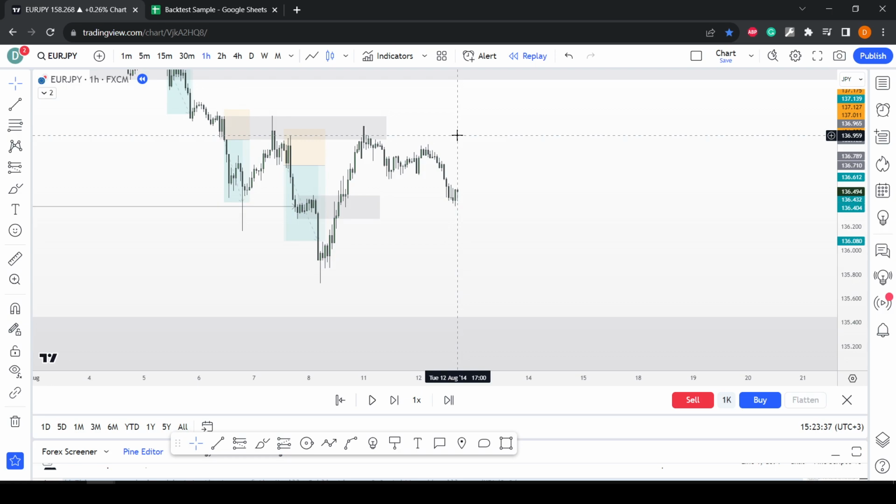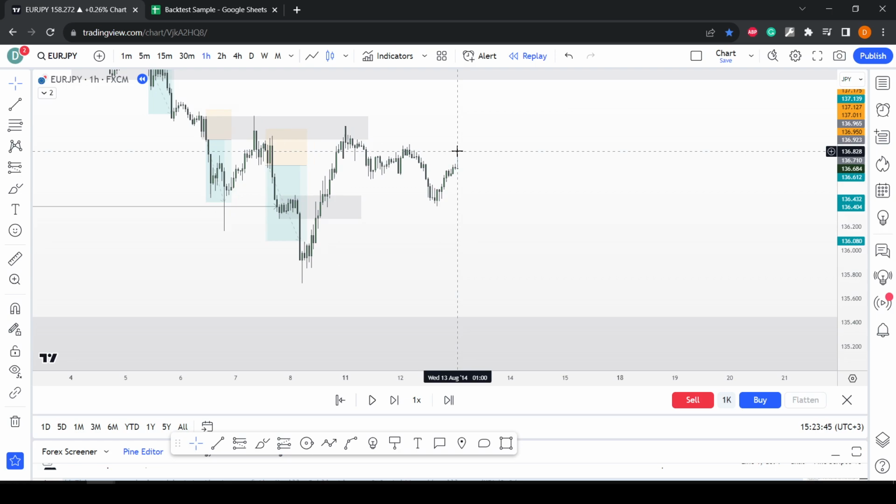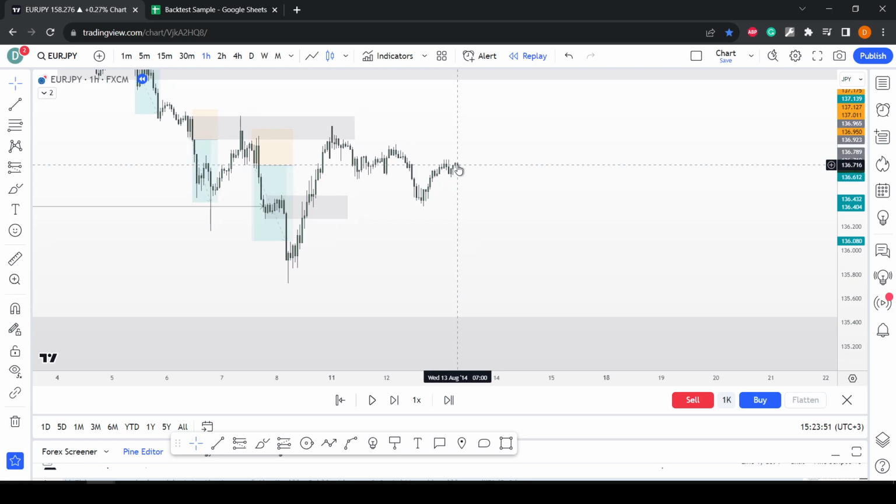So this is a possible ICI, but we are approaching Asian session, so I don't want to enter. Mitigating this, showing some reaction. Now let's see how it will go through the Asia and London Open.